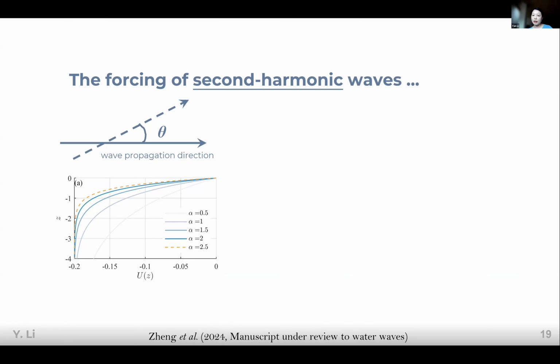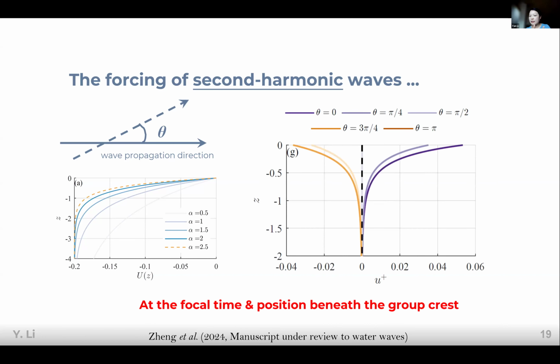We first take a look at what happens with the second harmonic waves and the induced horizontal velocity. We are focusing on what happens below the group crest, at focal time and position. Here you can see the Eulerian horizontal velocity induced by the second harmonic waves varying with water depth.